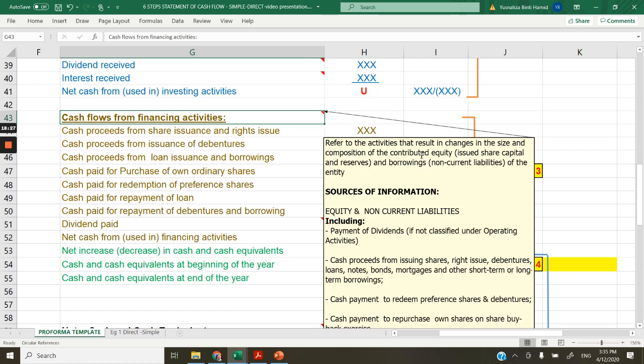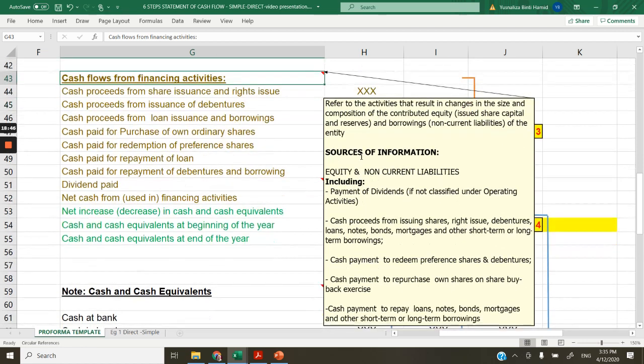So any increase or decrease in share capital and reserve, any increase or decrease in your borrowing, which is your non-current liabilities, of the entity that brings in or utilizes cash is our focus now.